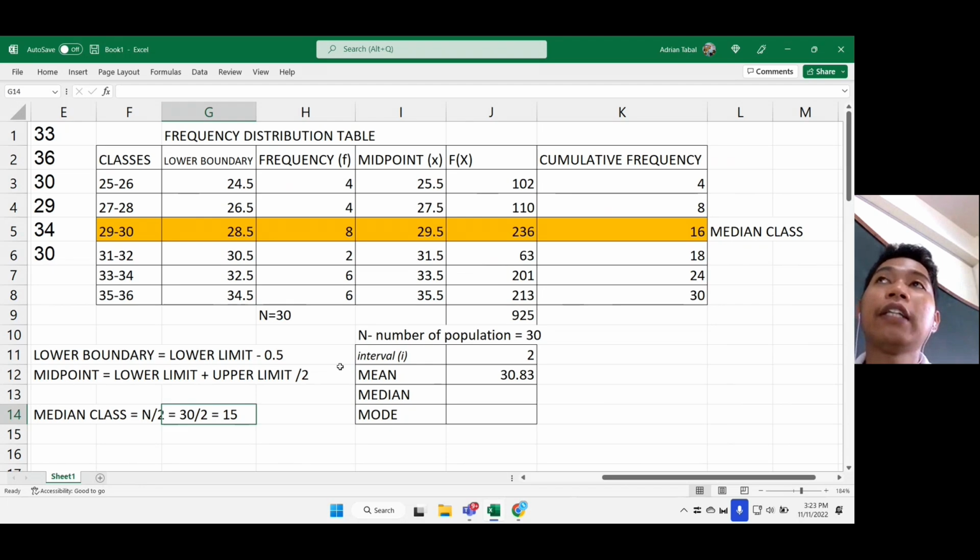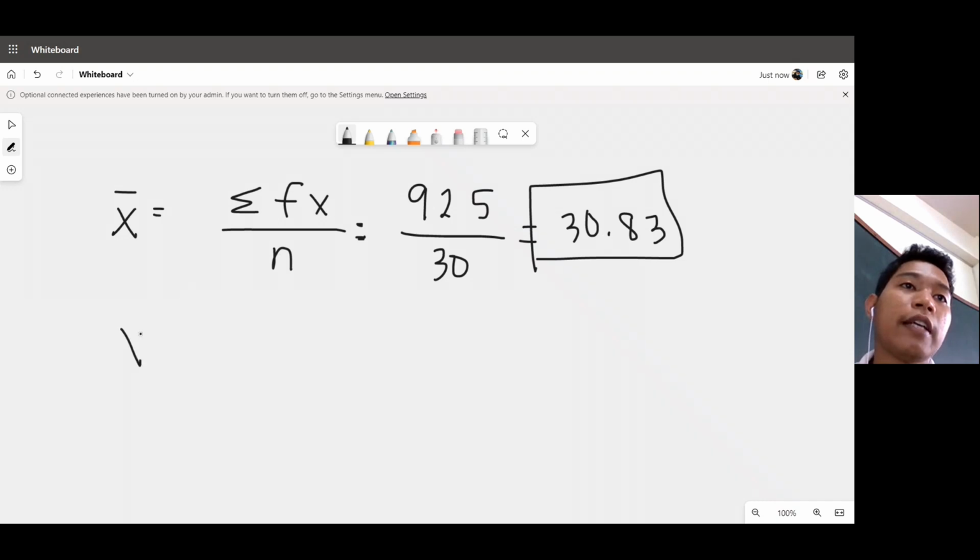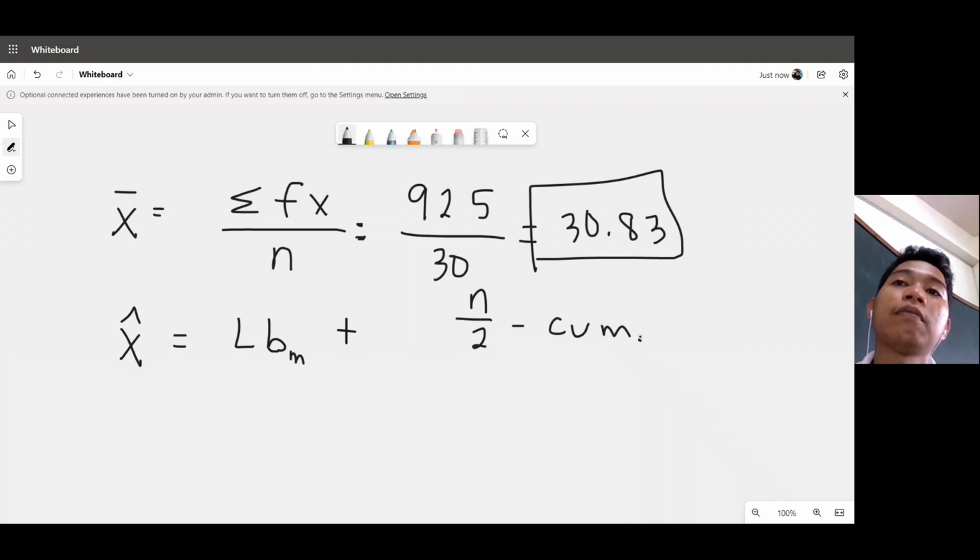Now the formula in finding the median: x hat equals the lower boundary of the median class, plus n over 2 minus the cumulative frequency before the median class, over the frequency of the median class, times the interval, letter i.